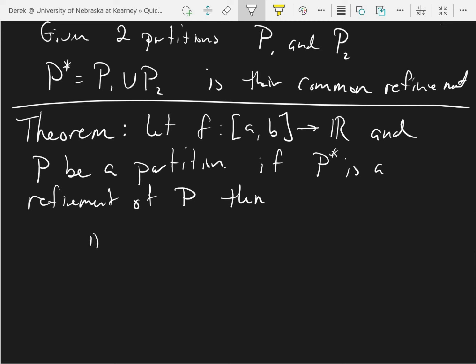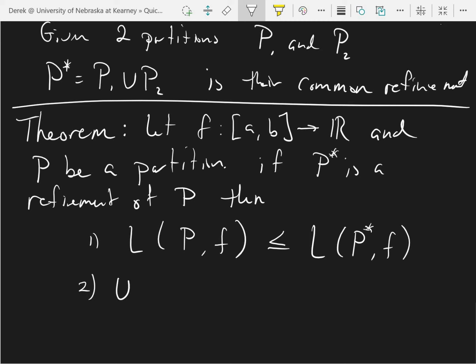One, L of P comma f and L of P star comma f are comparable. And which one's bigger? Well, I've taken more points, so I've got a bigger partition. That means that my minimum values don't have as much weight as they did before. I'll draw a picture in a second.